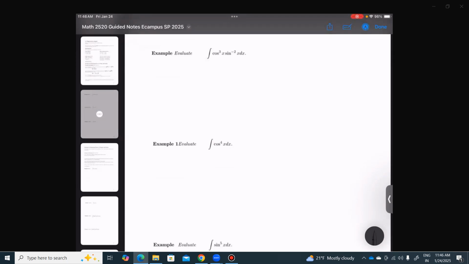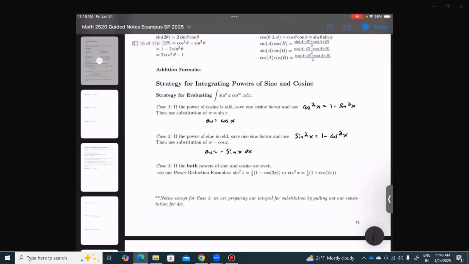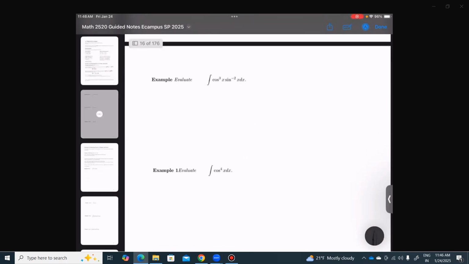Cosine cubed and sine to the negative 2 power, and we want to evaluate this. Since cosine is odd, we are going to save one cosine factor and use cosine squared equals 1 minus sine squared. So we're going to rewrite this as the integral of cosine x, cosine squared x, and then sine to the negative 2 x dx.